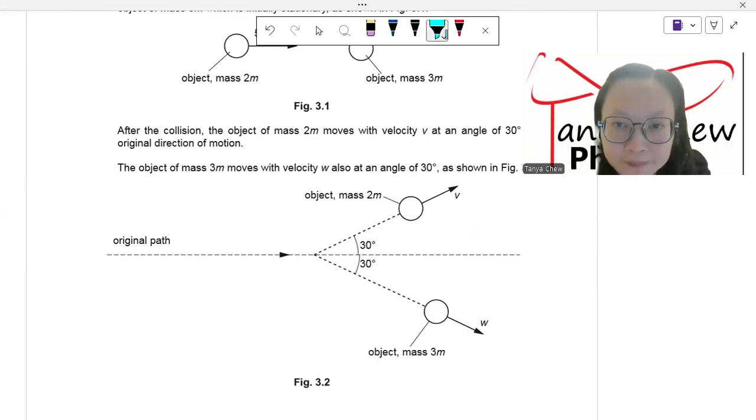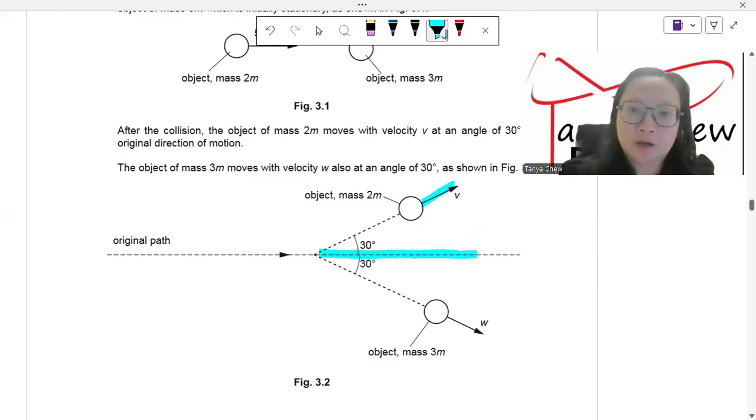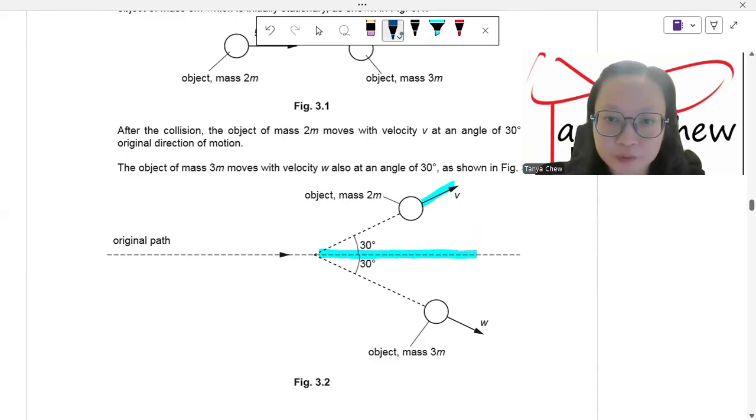Look at this 2m. It is in this direction, and I can resolve it into the horizontal direction, which is towards the right. To resolve it into the horizontal direction, this is adjacent.